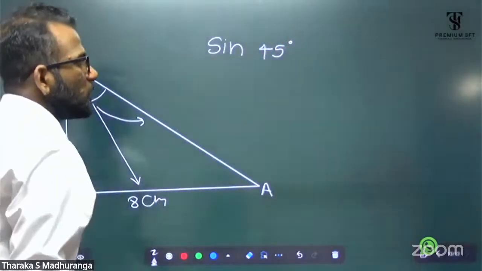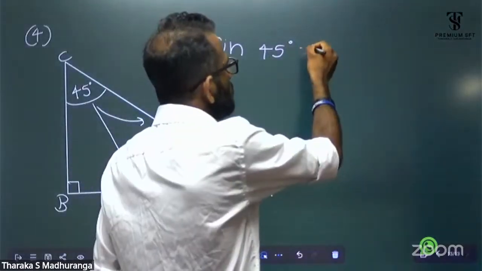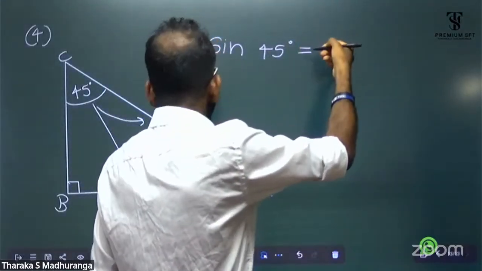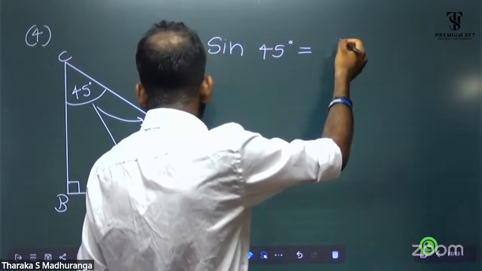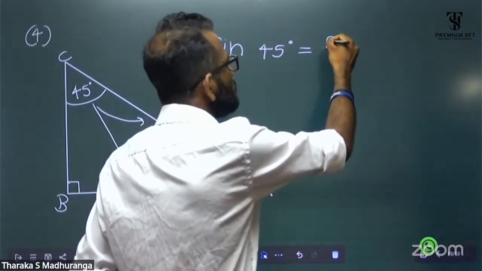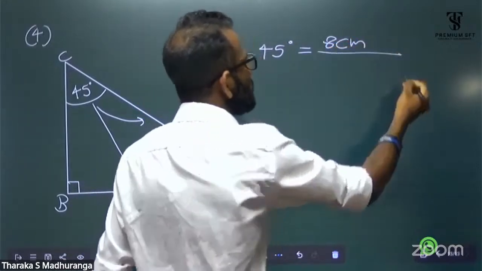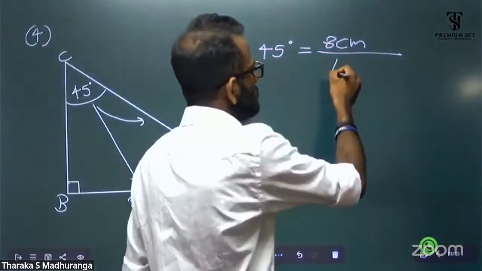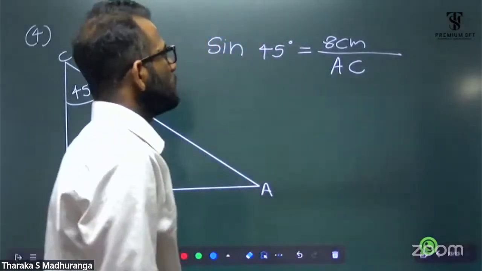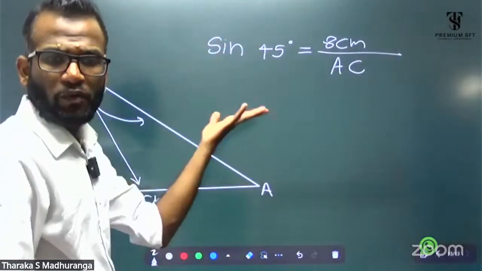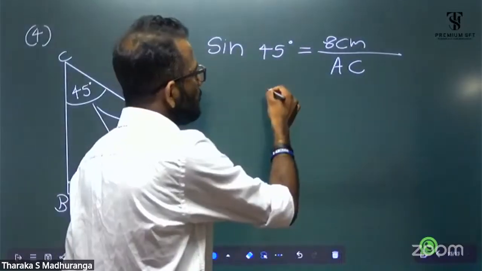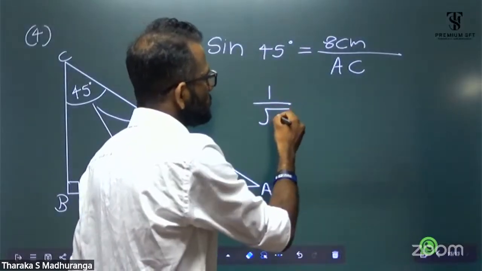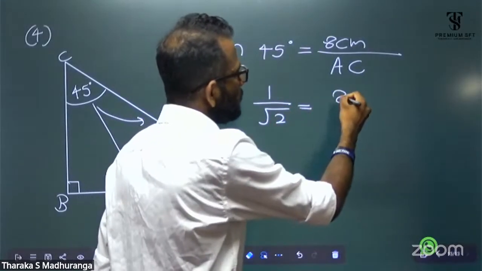Sine 45 equals opposite over hypotenuse. The opposite side is given, 8 centimeter. The hypotenuse we don't know, call it AC. Sine 45, or cos, whatever, 45 angle is 1 over root 2. 1 over root 2 equals 8 over AC.